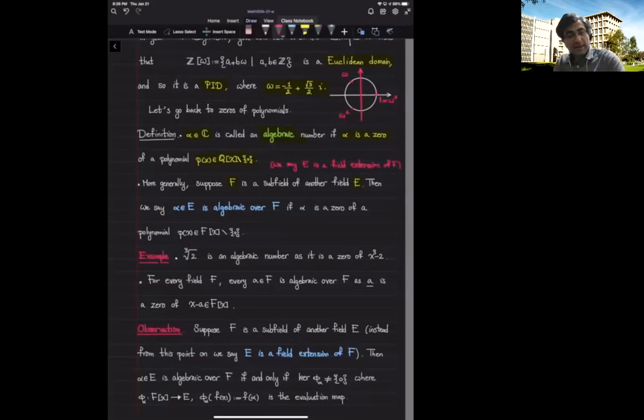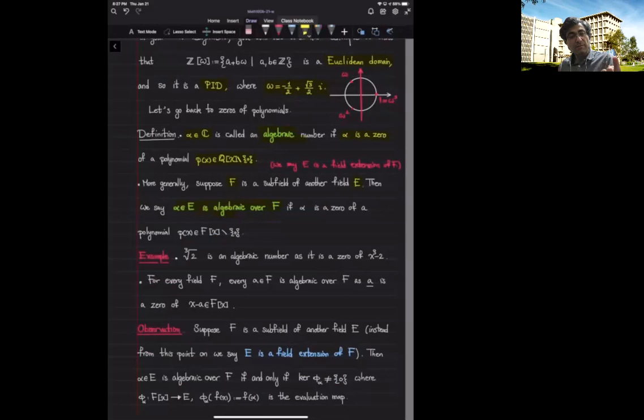Okay, so suppose that I have this field extension, then an element inside this larger field is called algebraic over F. So we say alpha is algebraic over F. I need to specify F as well.